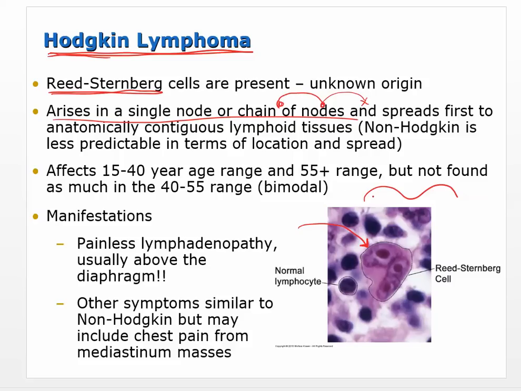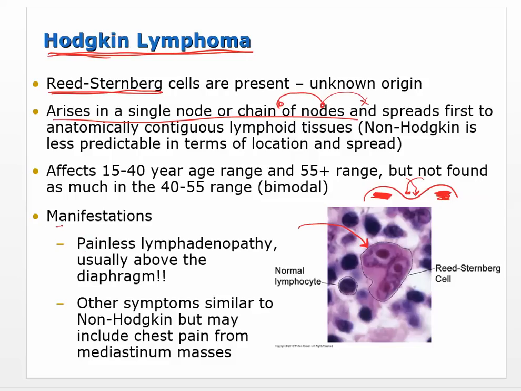It affects the 15 to 40 age range and the 55 plus age range, but it's not so much found in the 40 to 55 age range. So if you make it to 40, you're okay until you turn 55, for the most part, when it comes to Hodgkin lymphoma. But Hodgkin lymphoma tends to be easier to treat, so keep that in mind too.